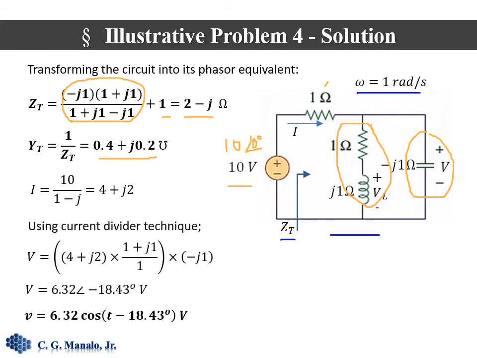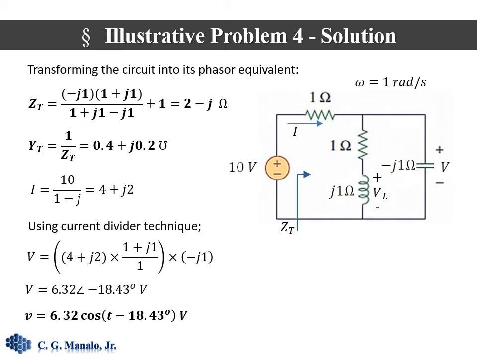Now, how do we get the voltage across the capacitor? One way to look at it is to first compute the current that flows through the capacitor in this direction. To get this current, we could use current divider because we have a current that flows towards a parallel combination, this branch and this branch.